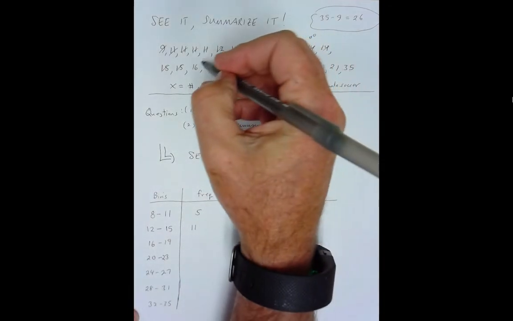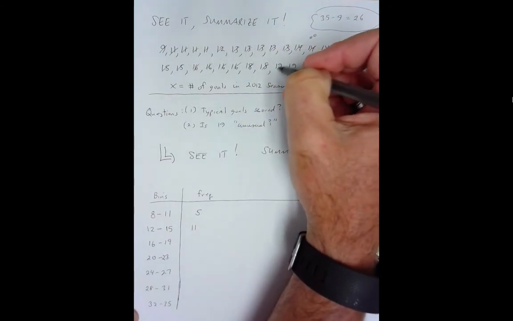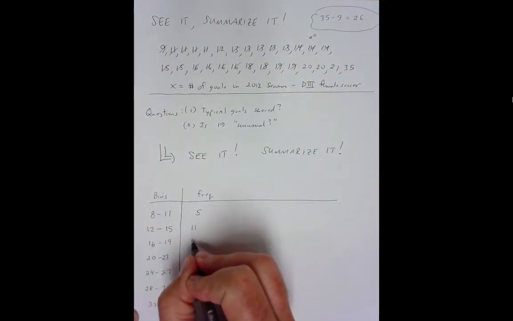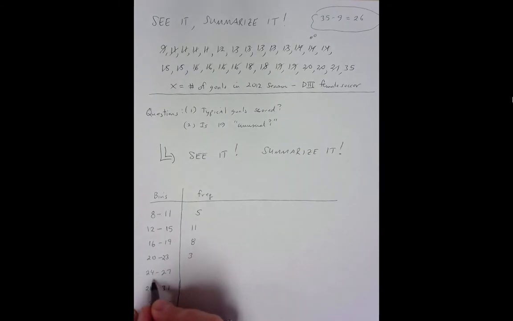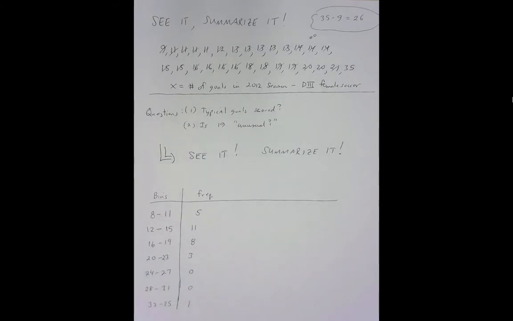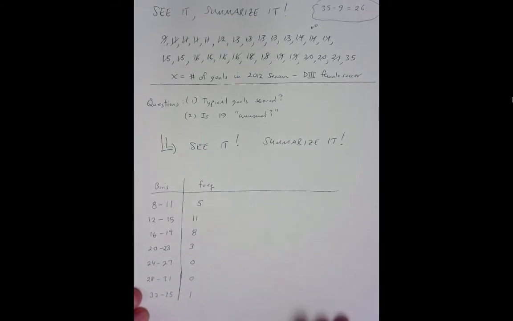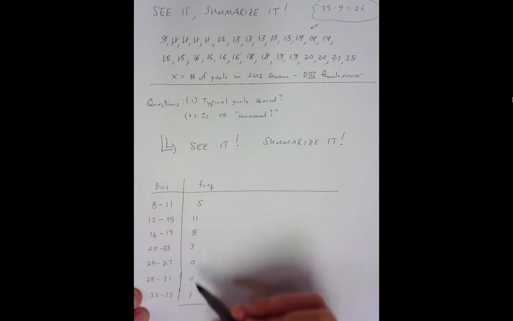From 16 to 19, I have 8. From 20 to 23, I have 3. I have no scores from 24 to 27, 28 to 31, and I have 1 from 32 to 35. Now, I can sum this up, and I have 28 numbers.